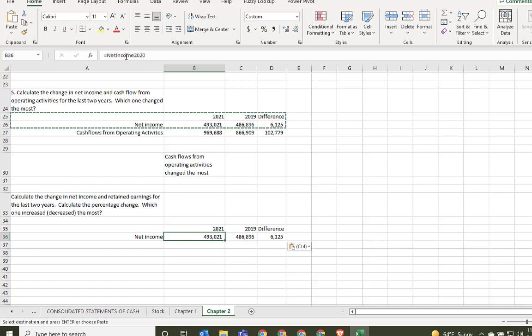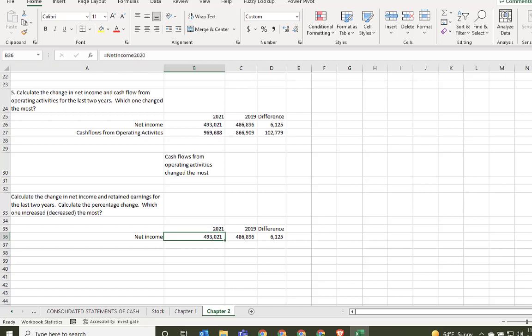Notice it still refers to my net income cell. It didn't change it, okay? Because that's what we call an absolute reference. So I can copy and paste that reference anywhere on the spreadsheet and it will always refer back to that cell that I named. All right, get rid of the Hollywood lights that were up here, hit escape.